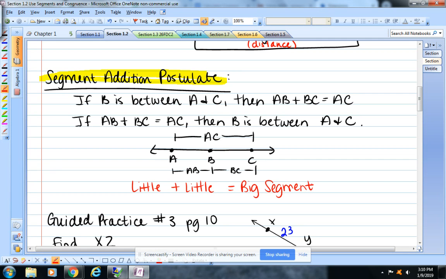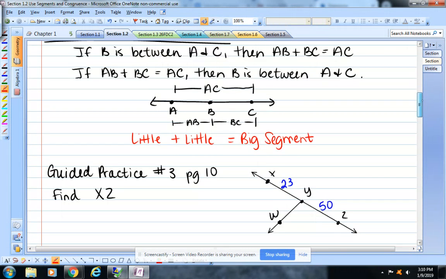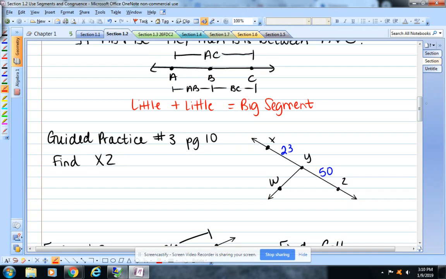Okay? So, for example, this one is on page 10, number 3 in the book. I have this segment drawn, and it says find the length of segment XZ, which is the entire segment given in this picture. It tells me the small segment XY is 23 units, and the small segment YZ is 50 units.